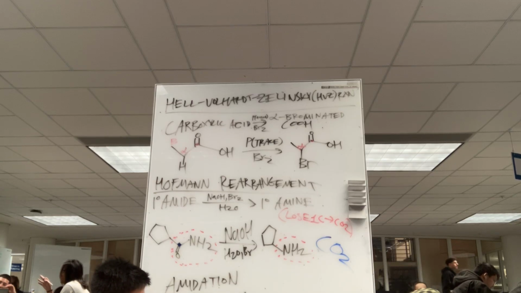We'll deprotonate this alpha proton and make an enolate ion. Now, when you see this enolate ion over here, the nucleophile is not this O minus. The nucleophile is actually this alpha carbon here with the star, because when you do resonance, right, you're going to get this resonance structure right here.